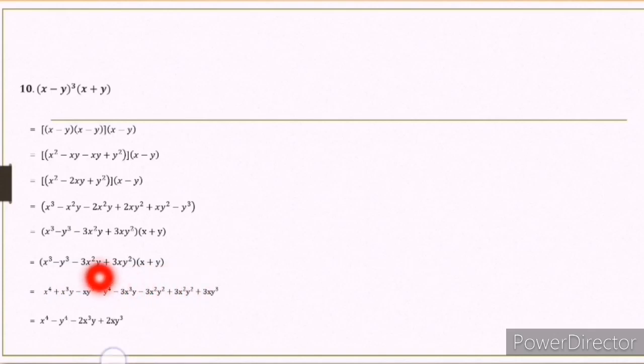Then the next is you need to multiply it again. x cubed times x is equal to x raised to 4. x cubed times y is equal to x cubed y. y cubed times x is equal to xy cubed. y cubed times y is equal to y raised to 4. Then 3x squared y times x is equal to 3x cubed y.